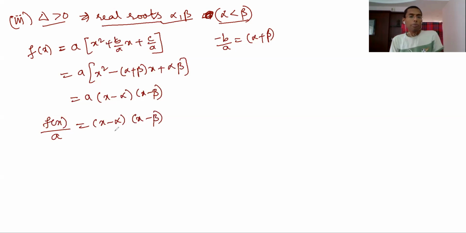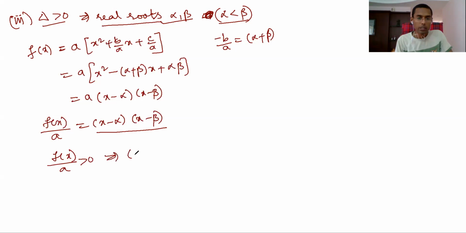So this is one. Now what I am doing here: when delta is greater than 0, we are seeing whether the expression is positive or negative. When delta is greater than 0, this expression can be positive or negative, anything. So therefore, what you can say is, here f of x by a is greater than 0.